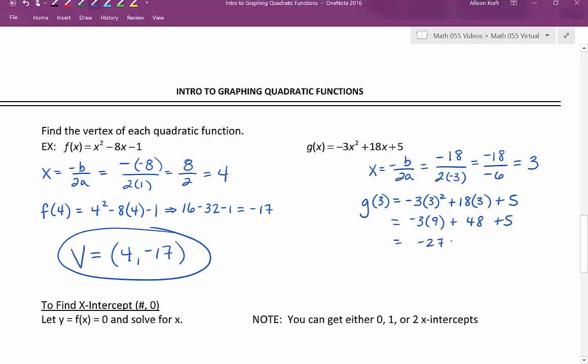Negative 27 plus 48 plus 5. The corresponding y value is positive 32. The vertex of this parabola is the ordered pair 3, 32.